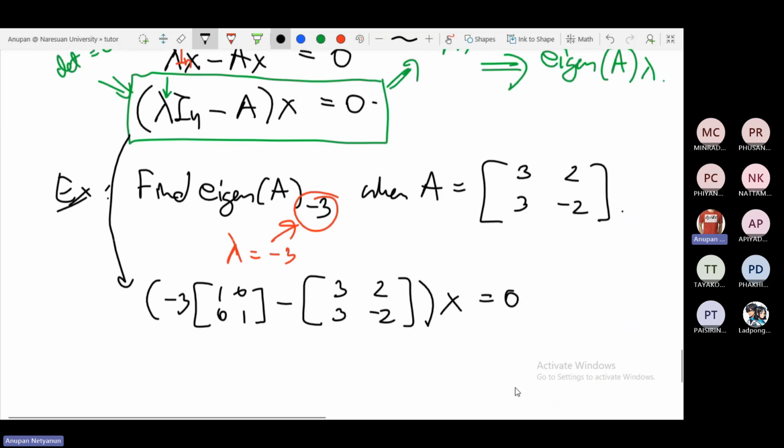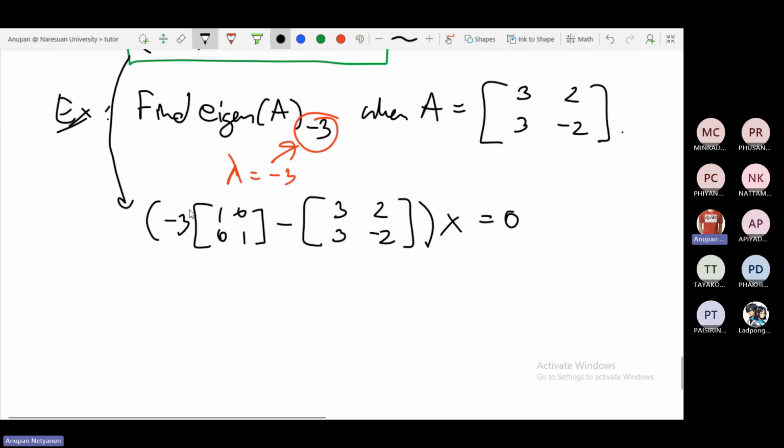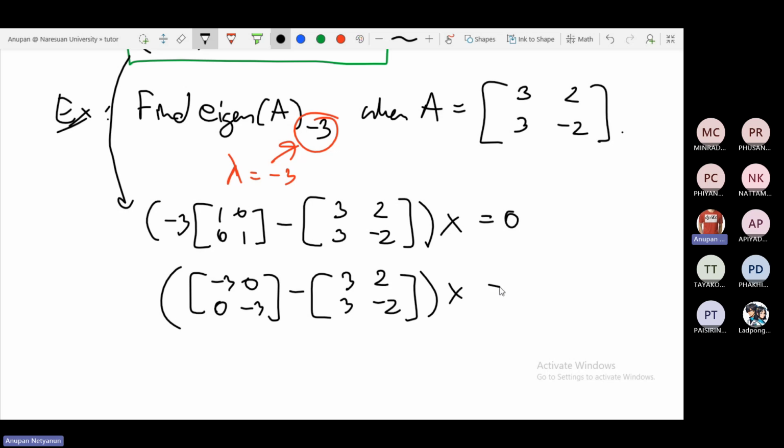So I distribute -3 and I have [-3 0; 0 -3] minus [3 2; 3 -2] times x equals 0.